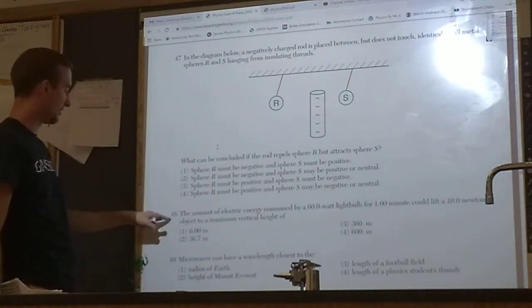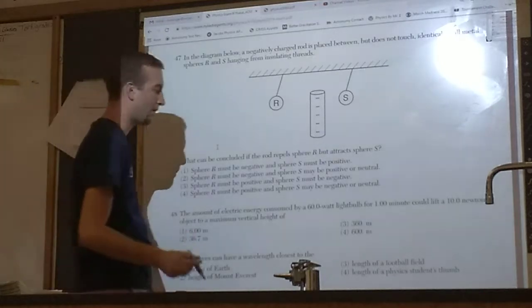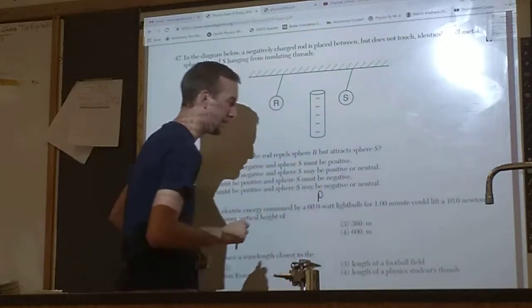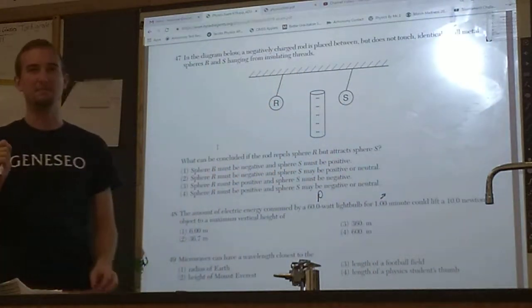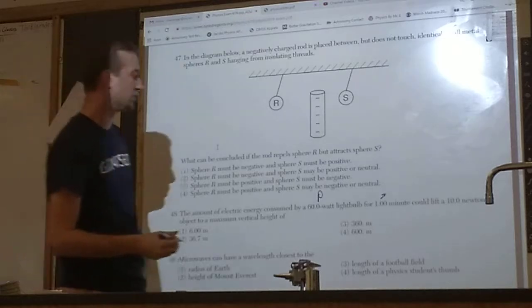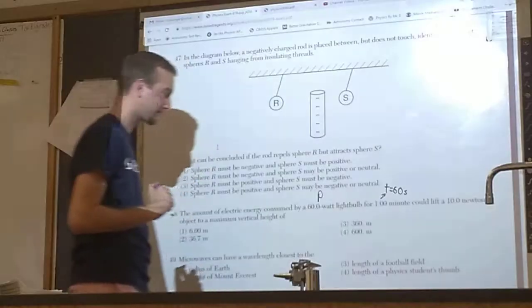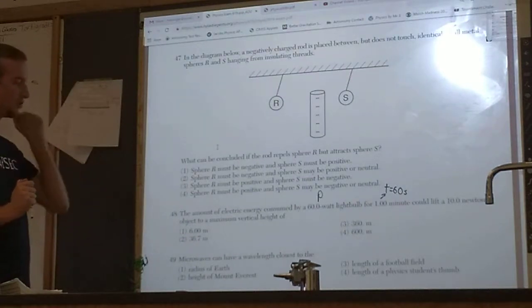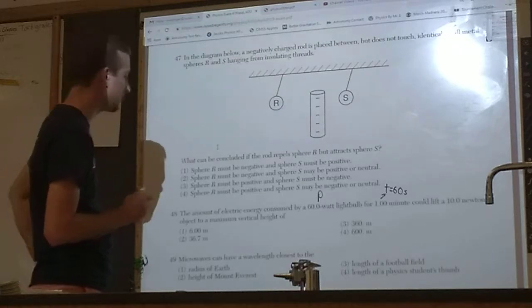Okay, another great question. The amount of electric energy consumed by a 60-watt light bulb, 60 watts would be the power, for 1 minute. Now what should we do here? We don't typically use minutes, so we should really convert this to a time of 60 seconds. The amount of electric energy consumed by a 60-watt light bulb for 1 minute could lift a 10 Newton object.